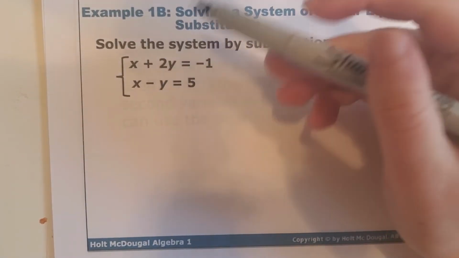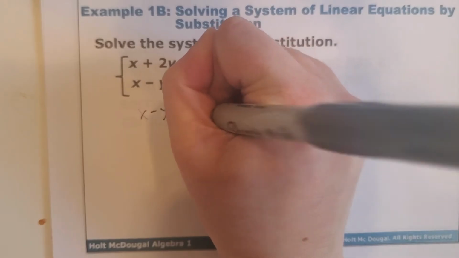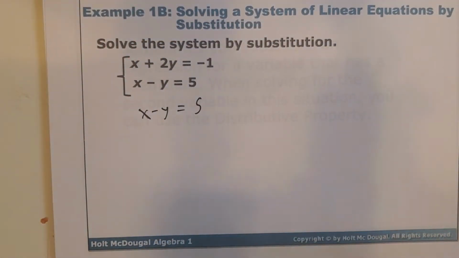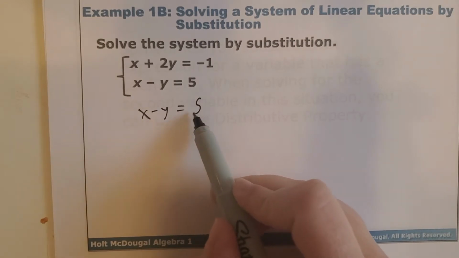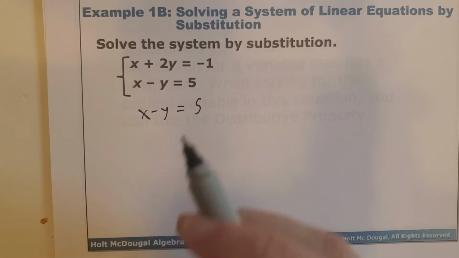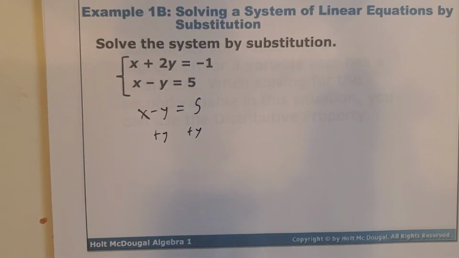I'm going to pick the second one to solve for x, because how would I solve this equation for x? Well, I would have to move the y over to the other side, which means I would have to add y to both sides. You would still have to do all the inverse operations.